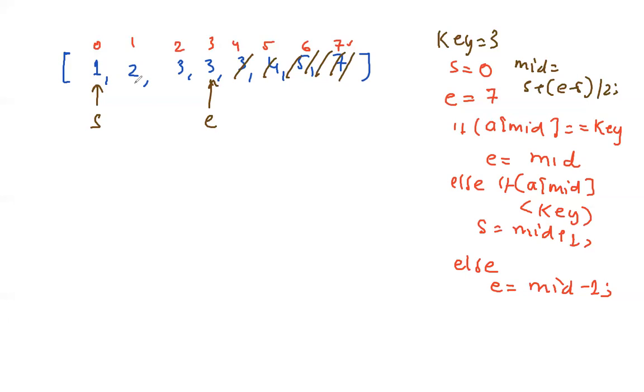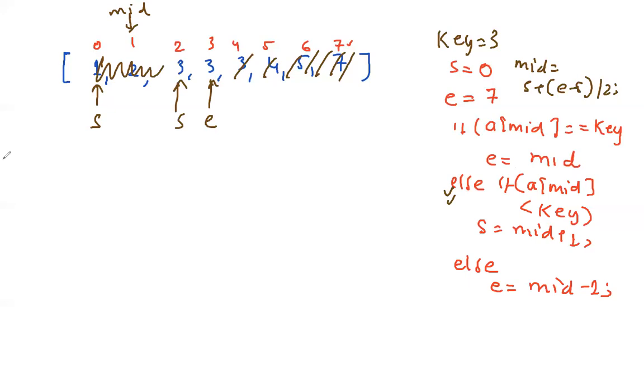Position 1, element 2. So this is mid. Which condition will hit? The second one: A of mid is less than key. So your start becomes mid plus 1, which is this. Now this is discarded.